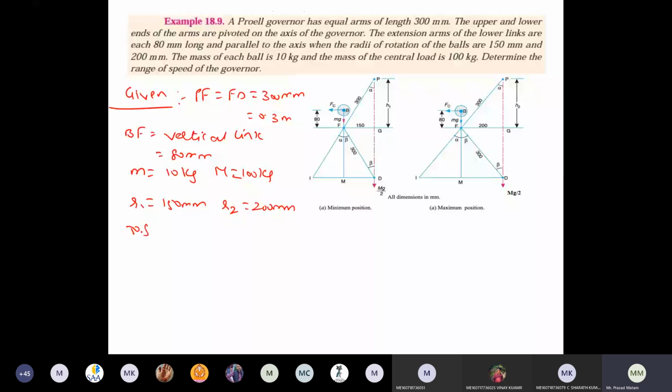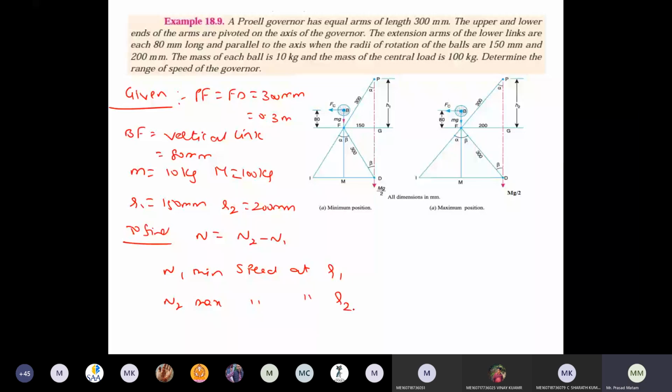Next, to find the range of the governor, N is equal to N2 minus N1. I need to find this. Now let us go for the procedure. What is N1? N1 is the minimum speed at radius r1. Similarly, what is N2? Maximum speed at radius r2.